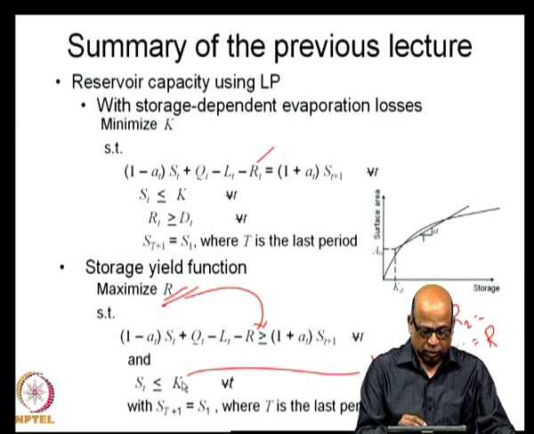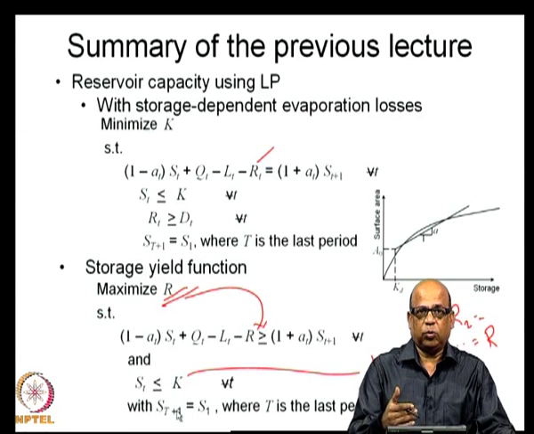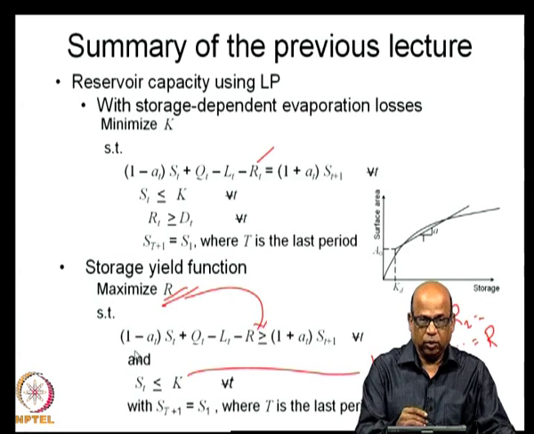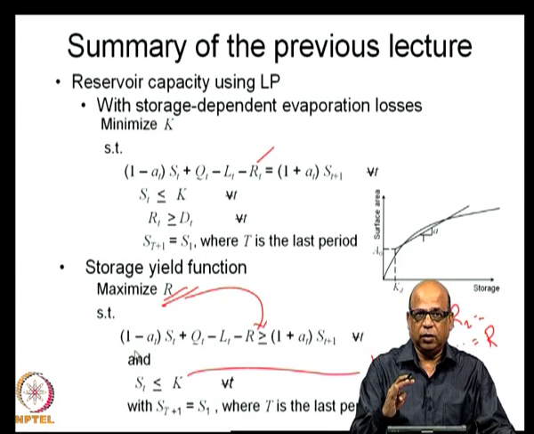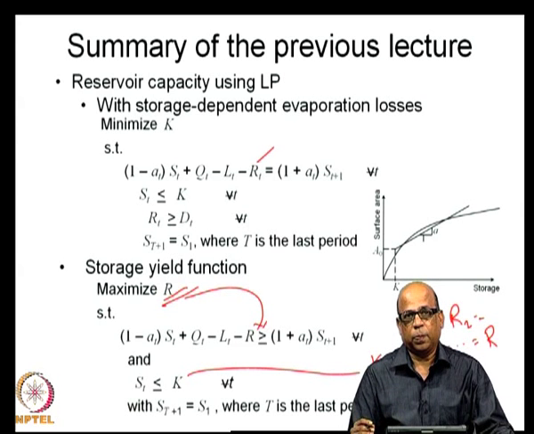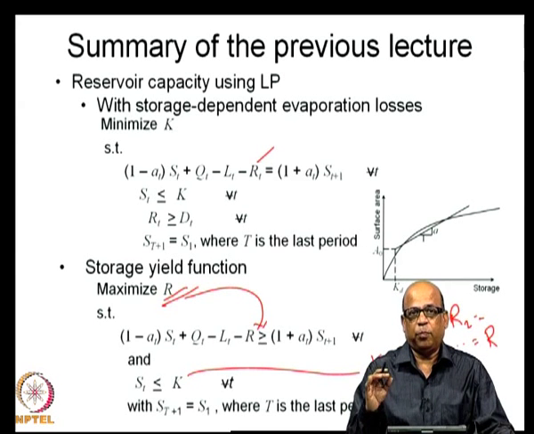You start with a particular reservoir storage and keep increasing it. Associated with every reservoir storage you get one value of maximum yield, which means you solve this optimization problem over and over again, every time changing the value of k, and the yield will keep on increasing up to a maximum point of r.